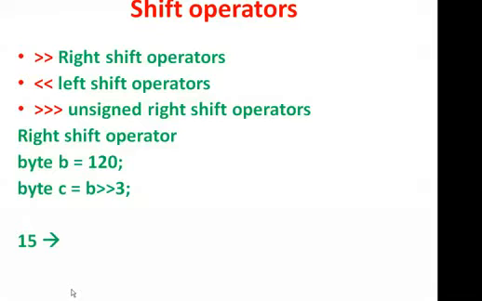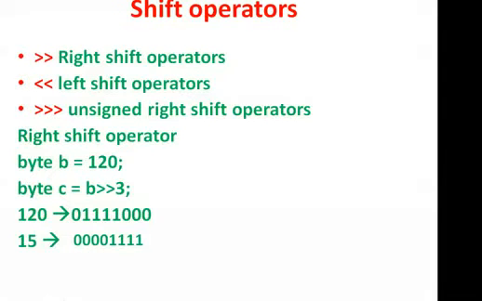That means I am telling it to shift the bits of 120 by 3 positions towards the right side. My binary pattern of 120 is something like this, and when I shift all the bits towards the right side by 3 places, I get the result as 15.